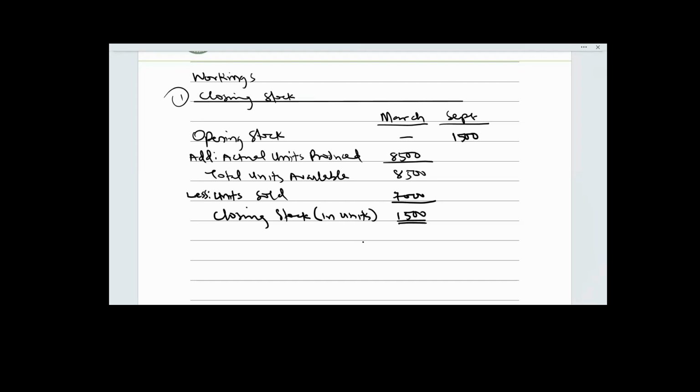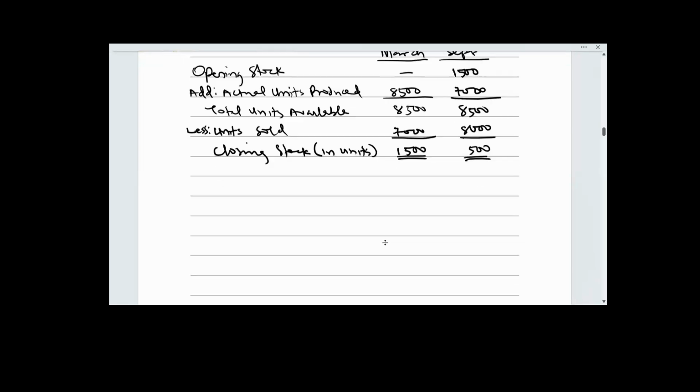Then what's the actual unit produced in September? 7,000 units. So add it to 8,500. How many units were sold? 8,000 units were sold. The difference is 500. So closing stock for the period ending September in units is 500.